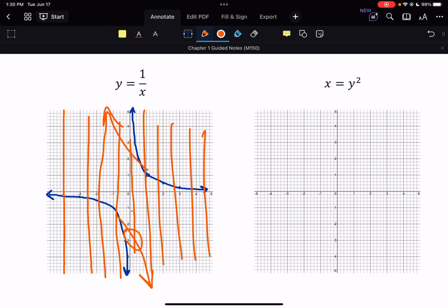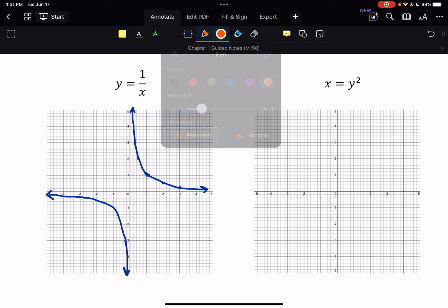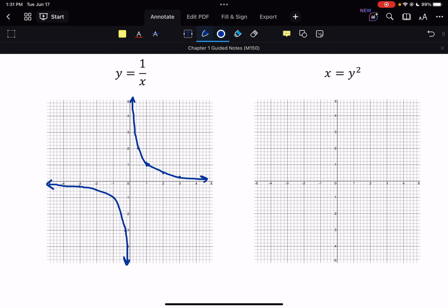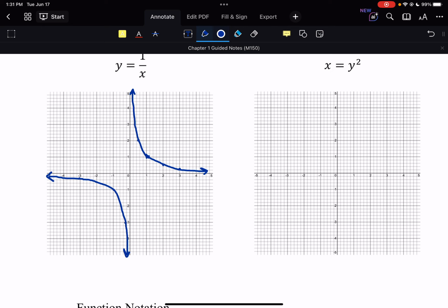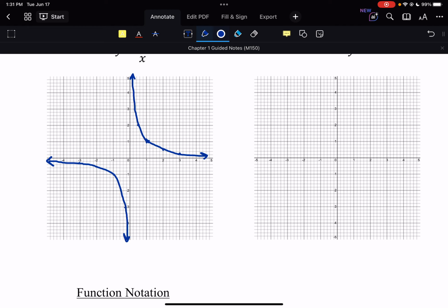So no matter where we draw these vertical lines, we do only hit 1 point at a time, meaning that every input value produces exactly one output value as we go around this function. So this one is a function.